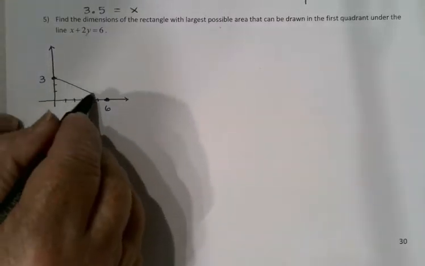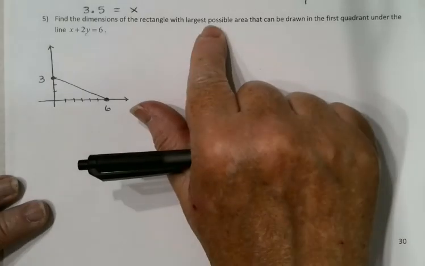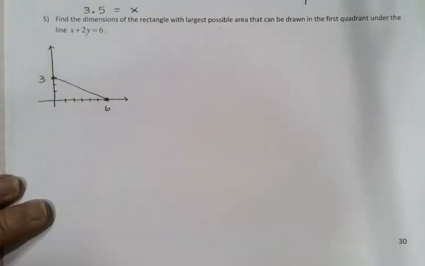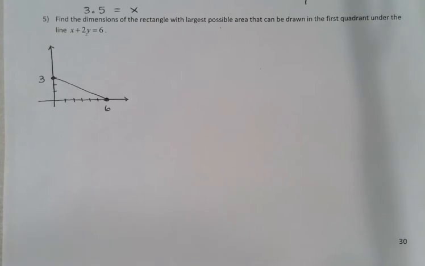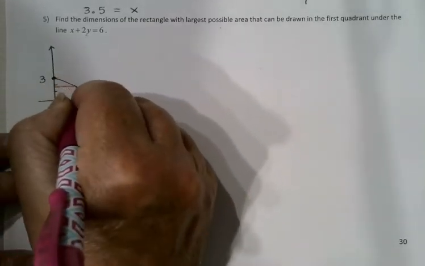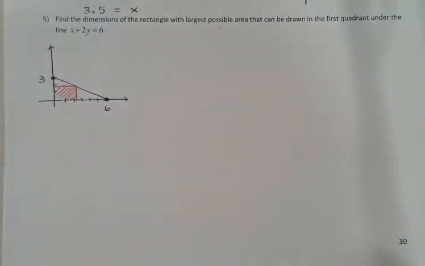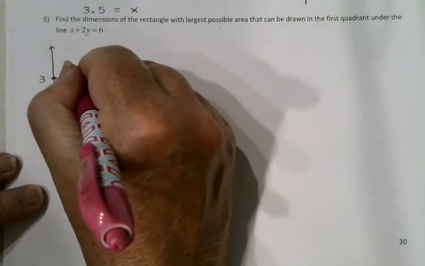So I'm looking at this line right here, at least the part of it that's in the first quadrant. My rectangle has to be underneath that line and stay in the first quadrant. So my rectangle is going to look something like this. It's going to hit that line at some point (x, y).